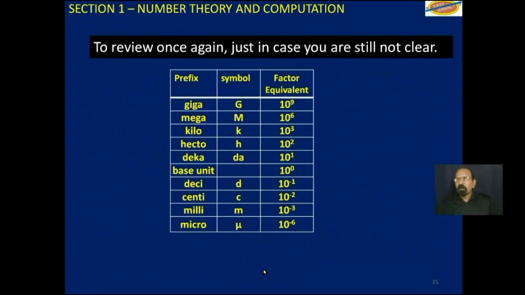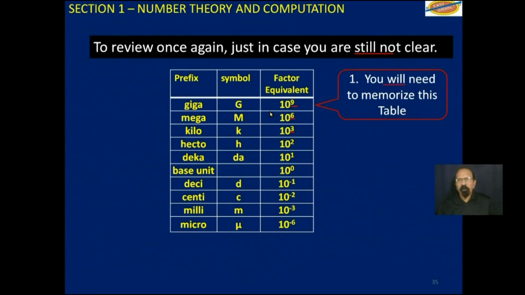micrometer. To review once again, just in case you are still not clear, you have to learn this table with these factors here. You will need to memorize this table. And as I said, you don't have to memorize it all one time. Larger units at the top, smaller units below.